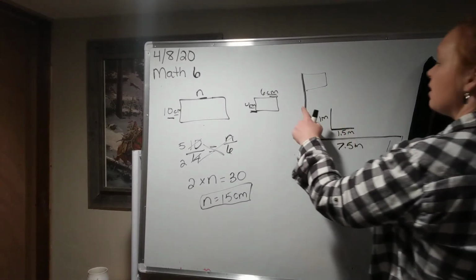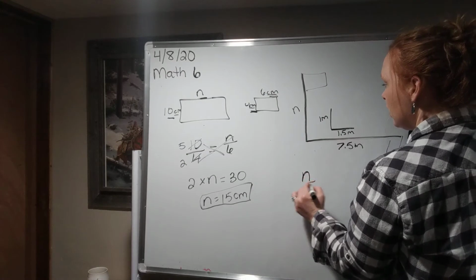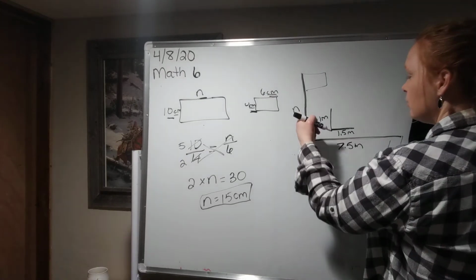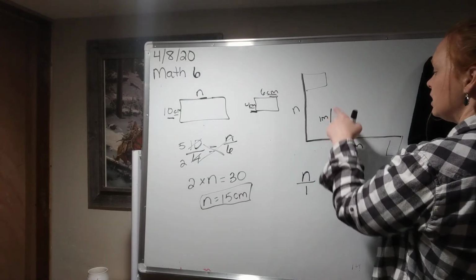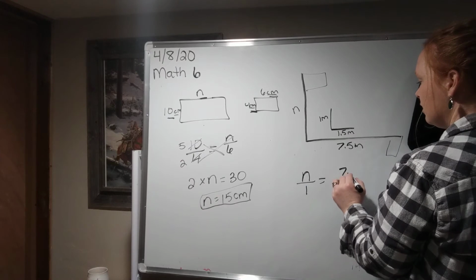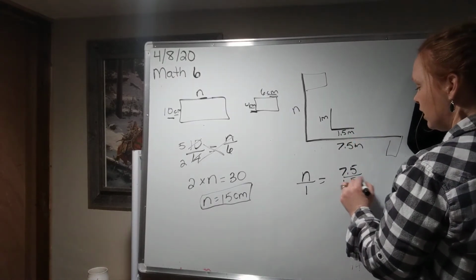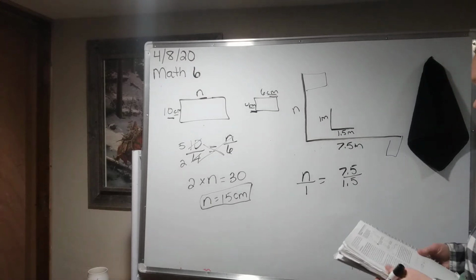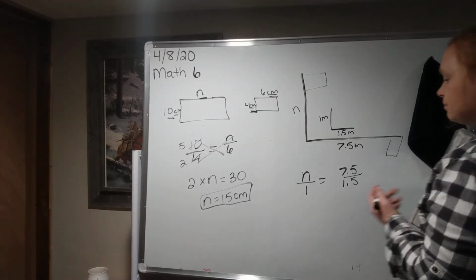We can say the flagpole, which we can label n, a number we don't know, n is to 1. The flagpole is to the meter stick as the shadow of the flag is to the shadow of the meter stick. Okay? And here we're dealing with some decimals, but we can solve it just the same.